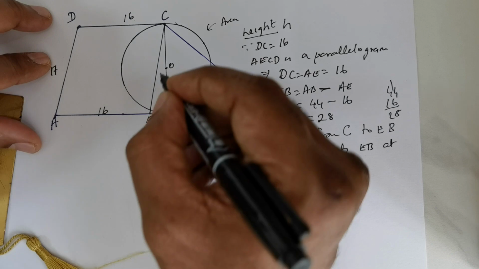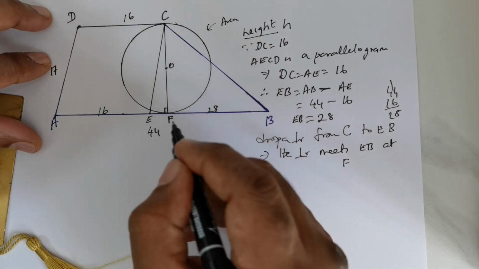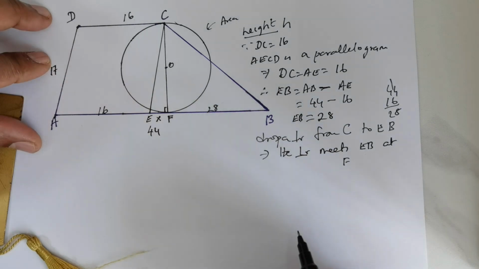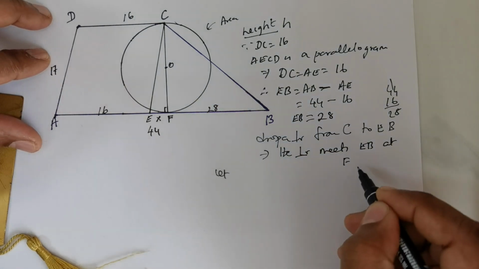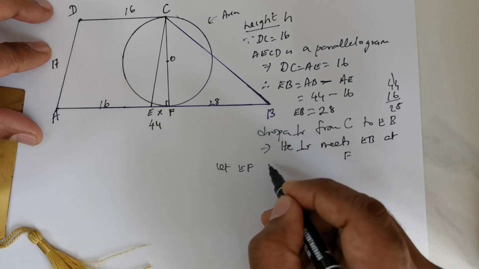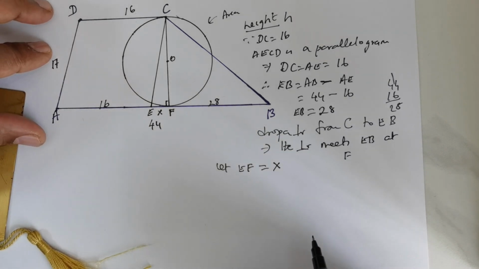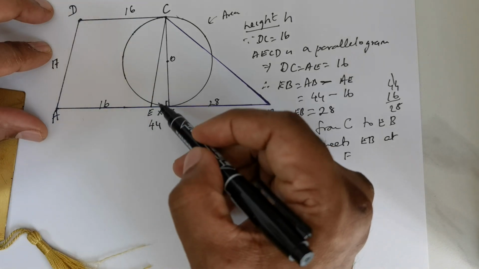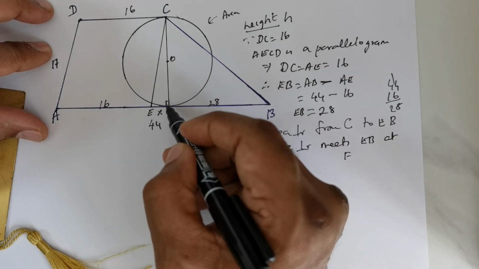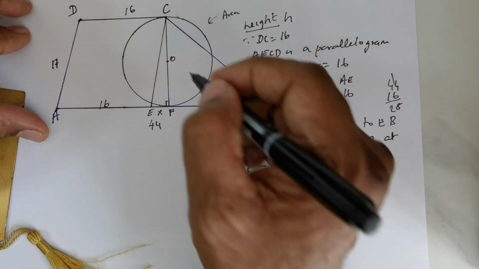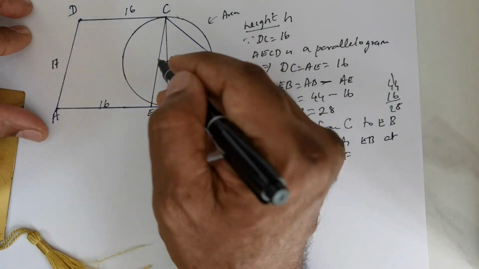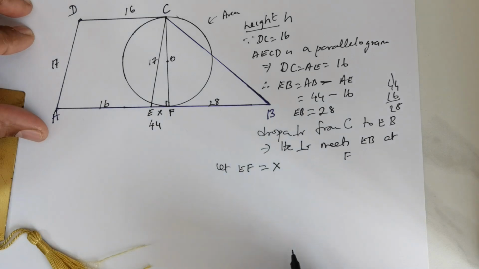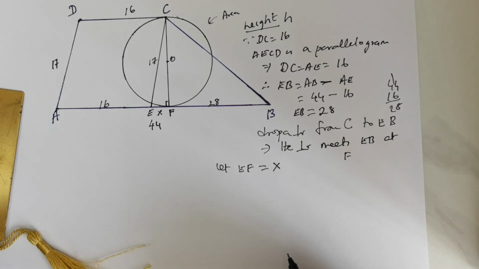So what I'm going to do is take this EF to be X units. Let EF be equal to X units. So this is a 90-degree angle, and I know that this is a parallelogram, so this is going to be 17 also. Fair enough.